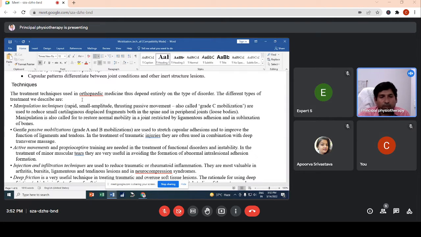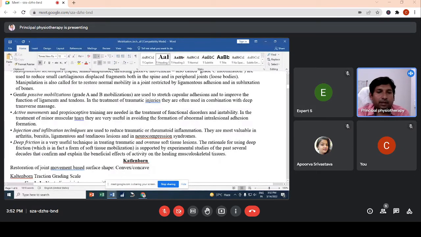Basically, because of repeated active movements and proprioceptive training, strengthening occurs in the muscles, and because of the strengthening, the joint becomes more stable.